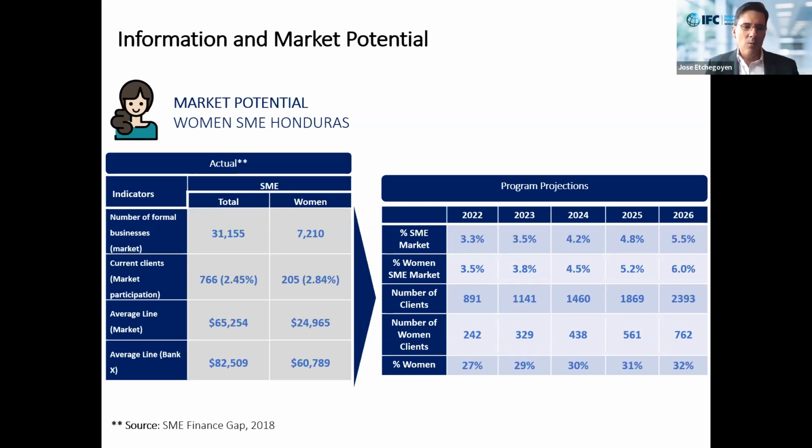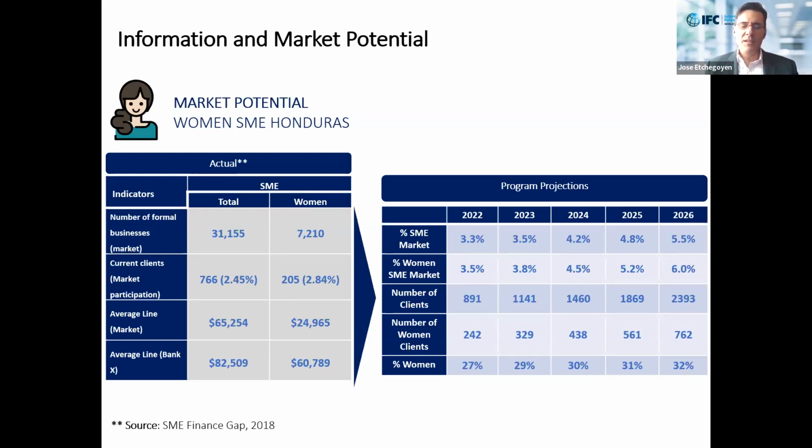And then we did the same calculation for the bank that Bill is going to present to you, and you can see that the lines are a little higher for the bank. Why? Because the positioning of this bank is on the medium to bigger SMEs, not so much on the base of the pyramid. That's why their average line is a little higher.